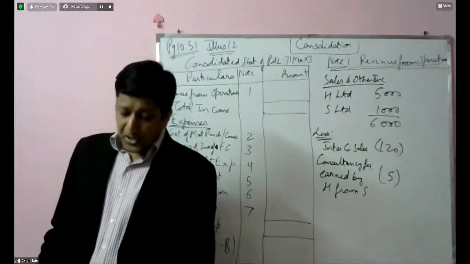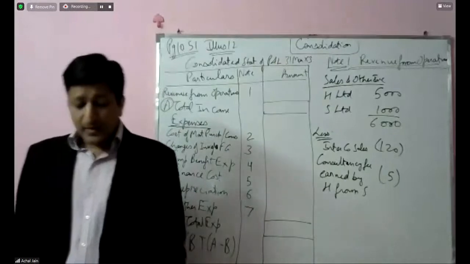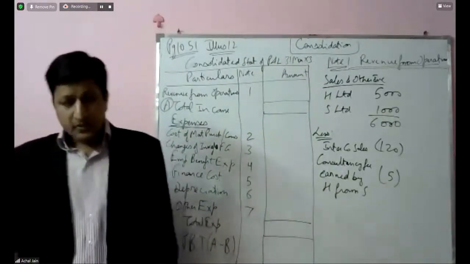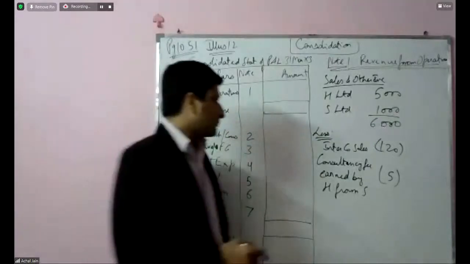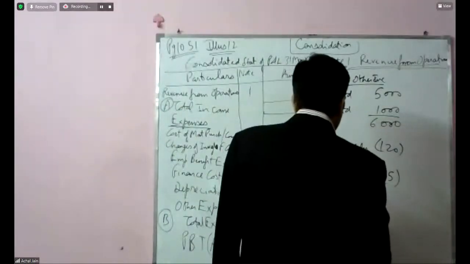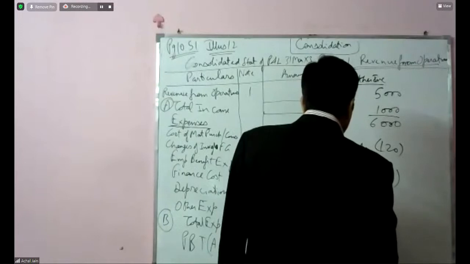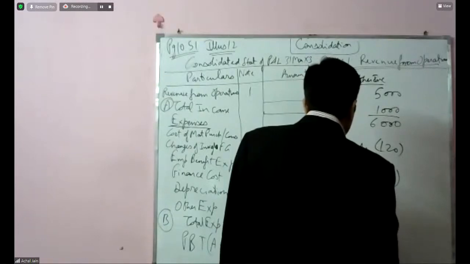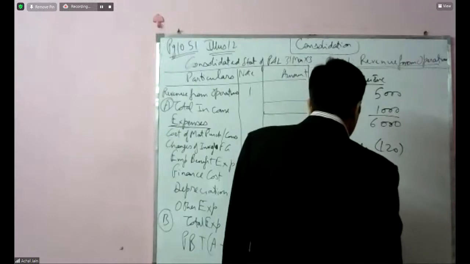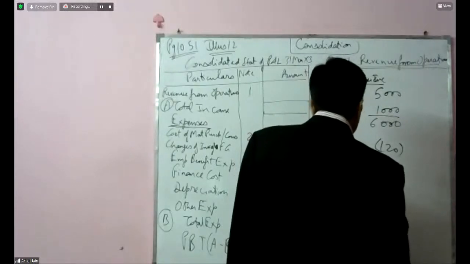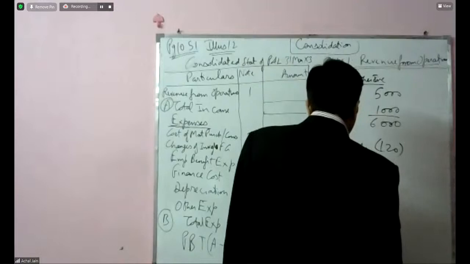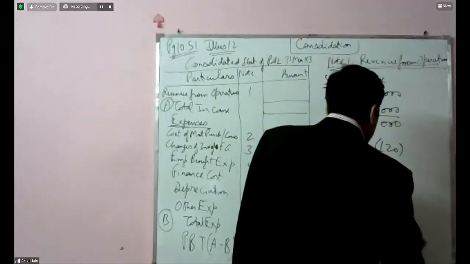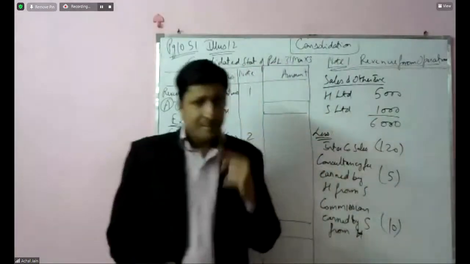Then we understand S Limited has earned commission income from H. So that also needs to go. Commission earned by S from H. Then this will also be eliminated.